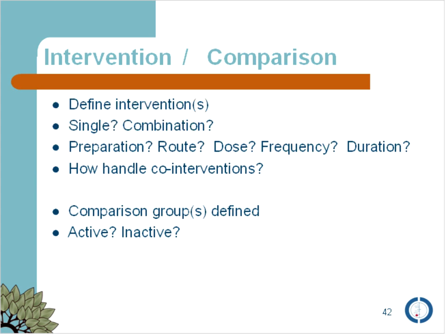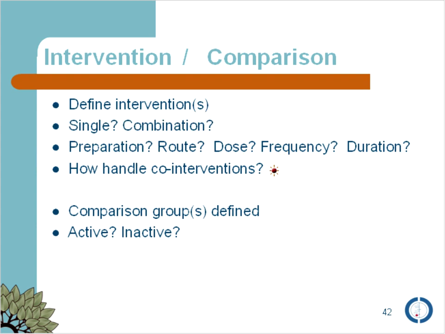Taking a look at the intervention comparison. Again, you have to define your intervention, and then surrounding that, you think about whether you're looking at single or combination interventions, and especially for drugs or other therapies, route of administration, preparation, dose, how frequently the intervention's given, and for how long. What about co-interventions?